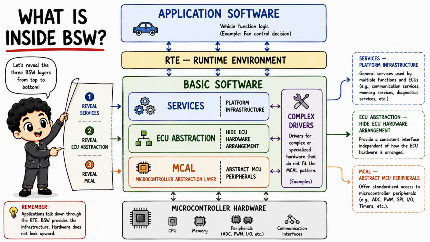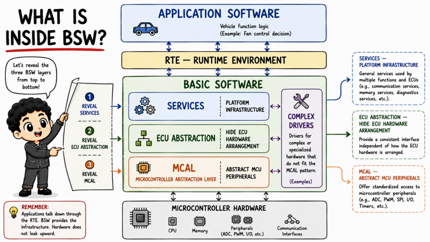For a beginner, the most useful basic software map has three major layers: services, ECU abstraction, and the microcontroller abstraction layer, usually called MCAL. AUTOSAR also defines complex drivers as a distinct part of the basic software architecture. These names are easy to memorize and easy to misunderstand, so connect each one to the problem it solves.